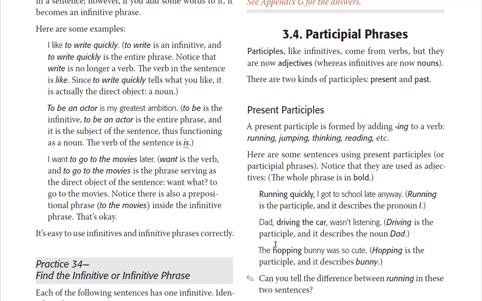Driving is the participle, and it describes the noun dad. So driving the car, who's driving the car? Dad's driving the car. So this is also known as a reduced adjective clause. And it's a present participle that's modifying the noun dad.